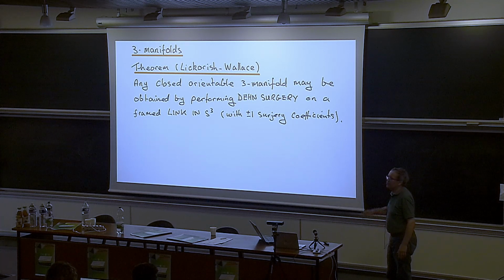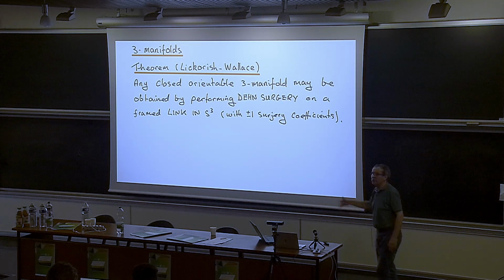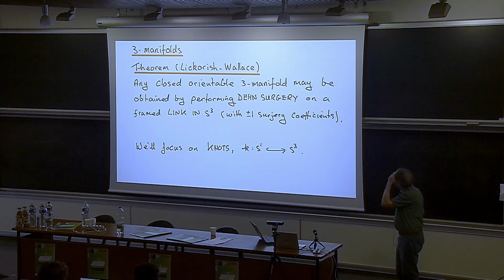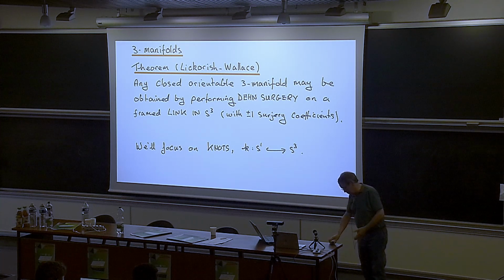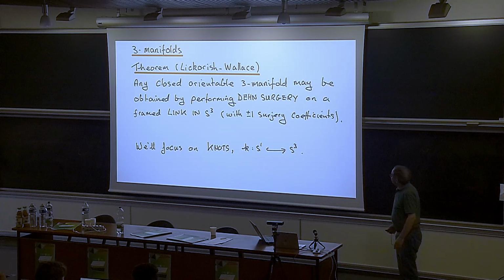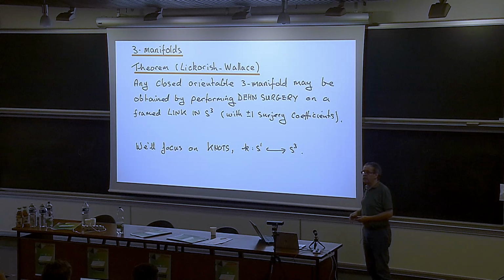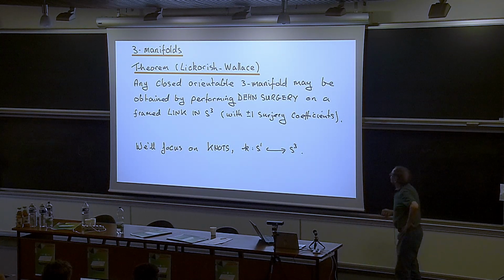From Christmas time, Kelvin says, wouldn't it be fun to implement this in GAP and try calculating cohomology rings and so on of 3-manifolds using this theorem. In the talk I'm going to focus on knots, by which I mean an embedding of the circle S1 into the 3-sphere, because we've only implemented it so far for knots; there's some more implementation needed for links.